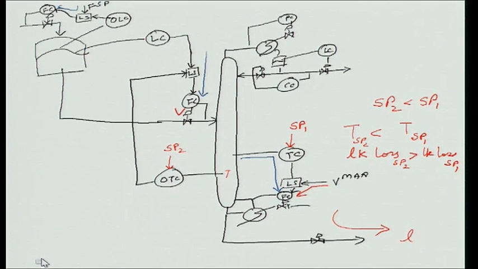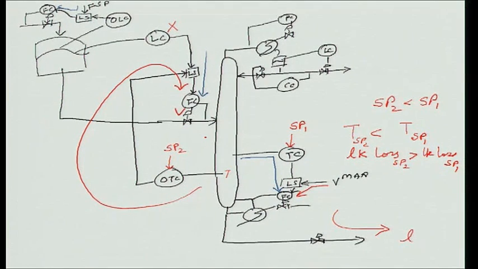Once again, let us see red color. So, once this gets activated, my level control is lost. I lose level control because the output of the level signal is not going through. Okay.